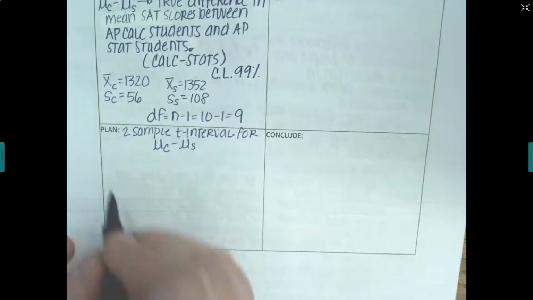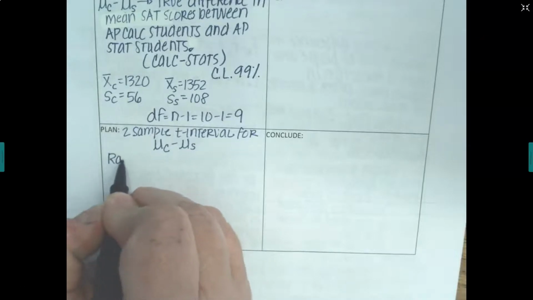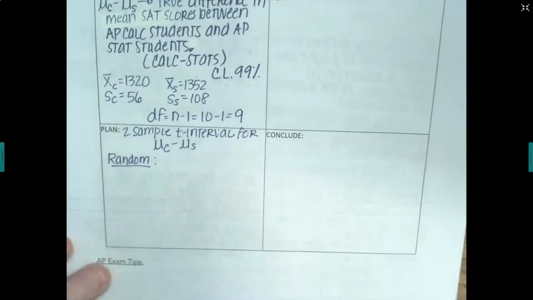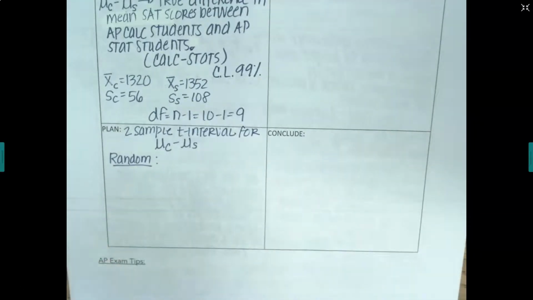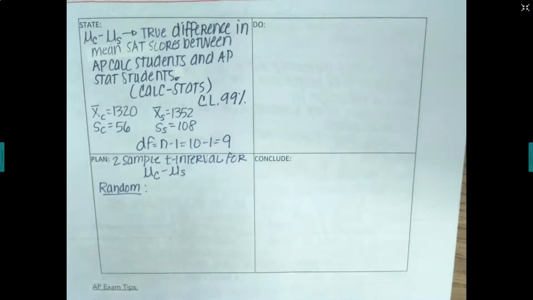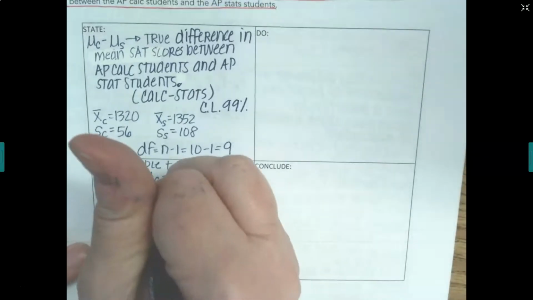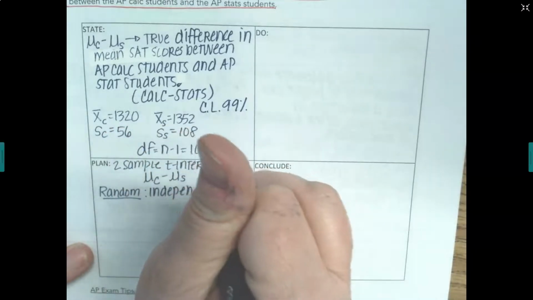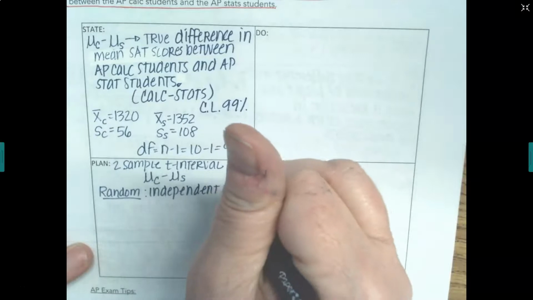All right, so for random, it says there are random samples. Now what you need to be sure you mention here is there could be people who are in both AP Calc and AP Stats. We have them this year even. So we want to say that these are independent random samples, meaning somebody's not being used for both of them.